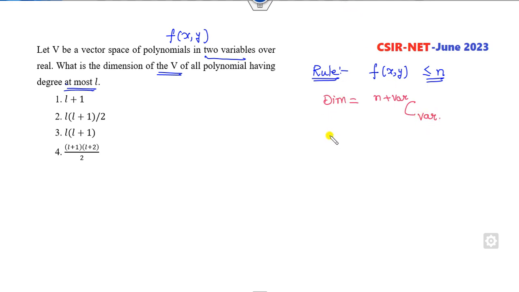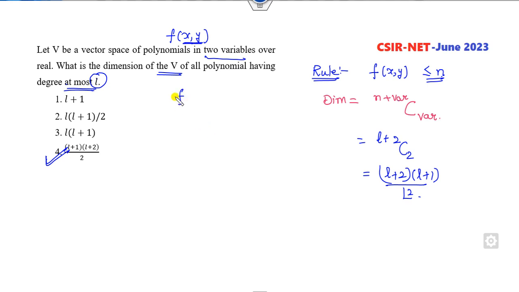For example, in this case how many variables? Two variables. What is the degree at most? L. So the dimension is L plus 2 choose 2. This is the right answer.